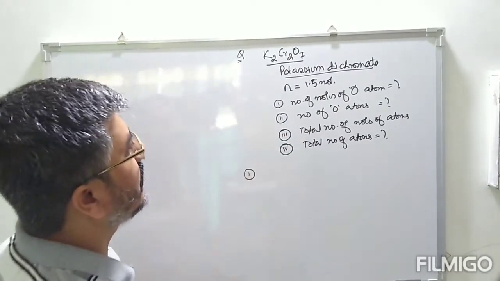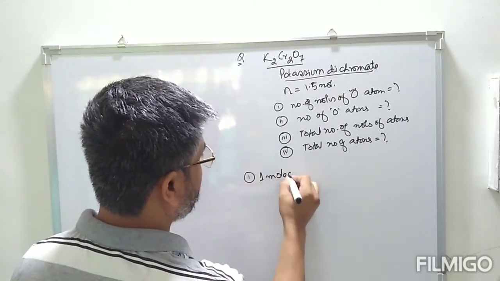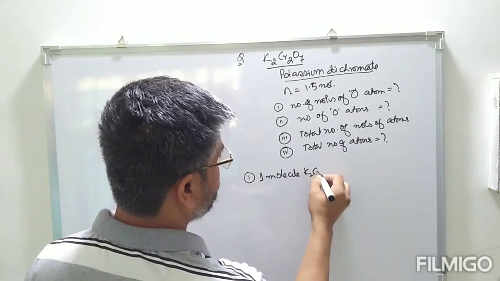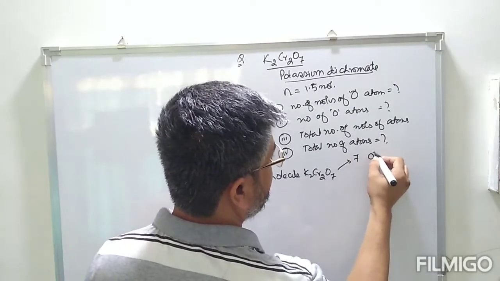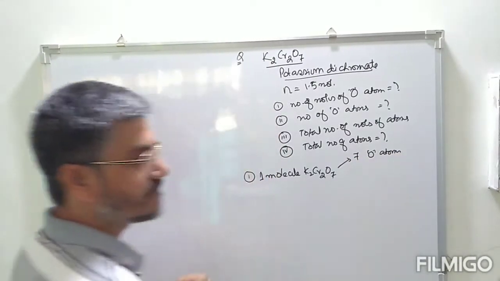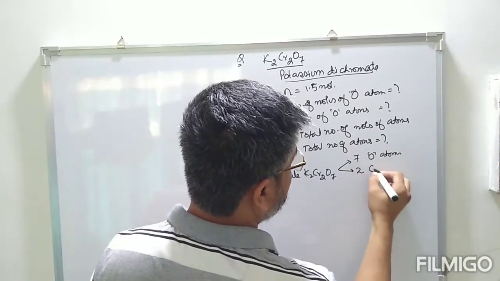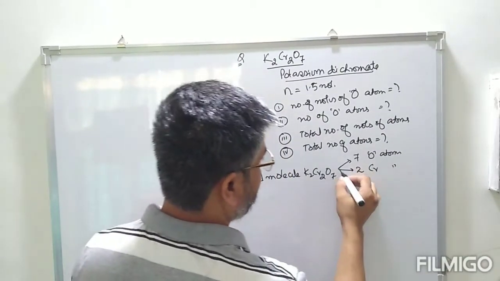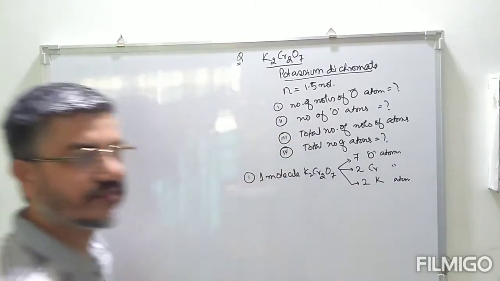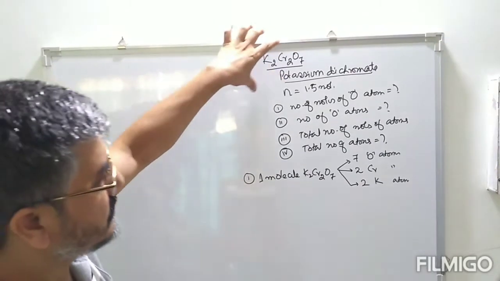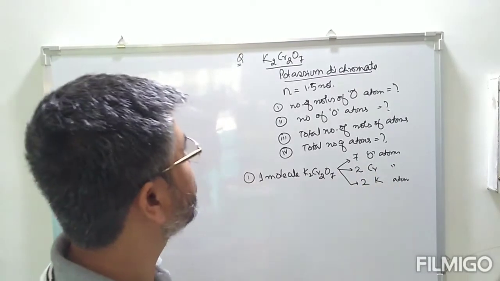Therefore, first look at this. A single molecule of K2Cr2O7 contains 7 oxygen atoms, 2 chromium atoms and 2 potassium atoms.